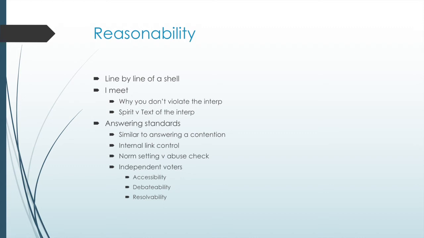Another important dimension to consider with I-meets is that there are 2 ways that we can approach making an I-meet, and understanding interpretation in general. And that is spirit versus text of the interp. So let's say that your opponent says that the negative debater may not read multiple conditional advocacies.